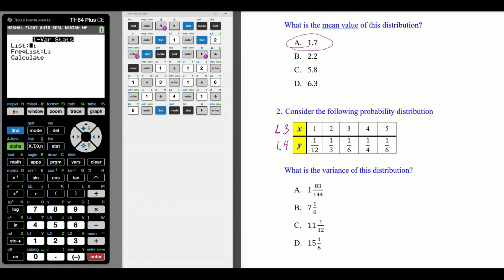We want L3, L4. Second, enter. Second 3, then enter. Second 4, then enter. Enter again. Notice, it gives you all kinds of great information with these decimals. Do not get sucked into that 11. C is not the answer because that is not what this summation is.